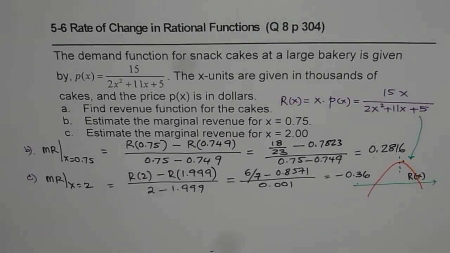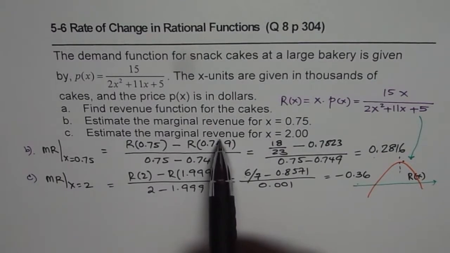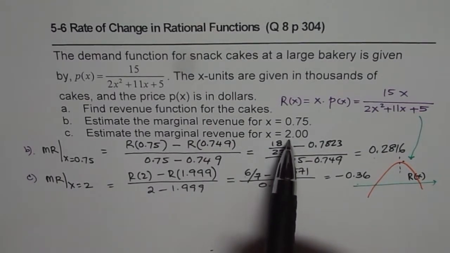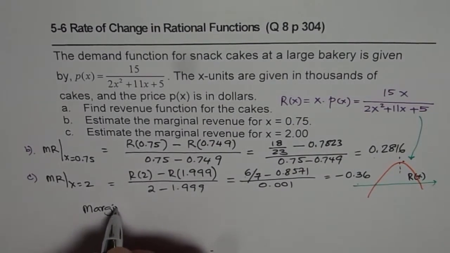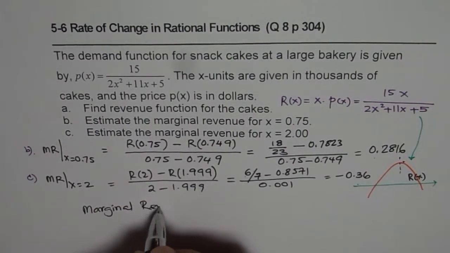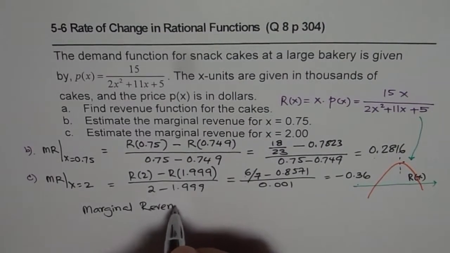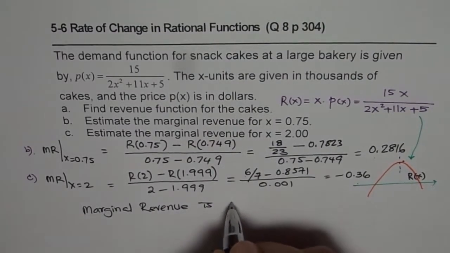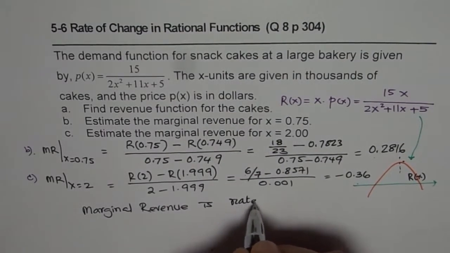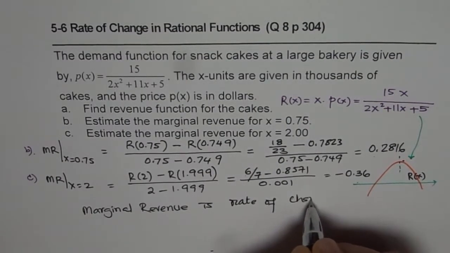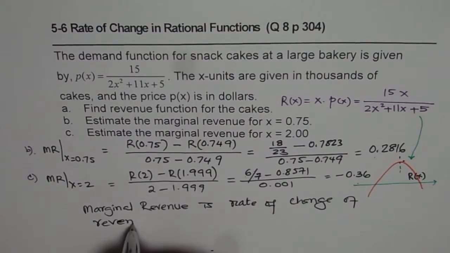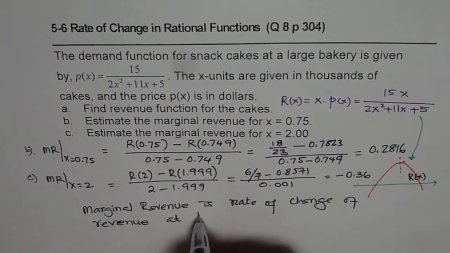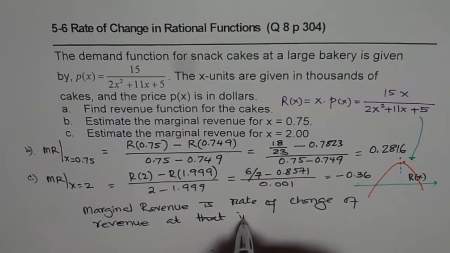Now understand one thing, marginal revenue is the change in revenue which you are making at that instance of time, right? So let's write here, marginal revenue is the change in revenue or rate of change at that instance.